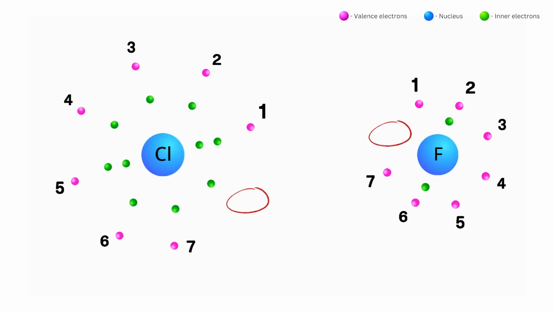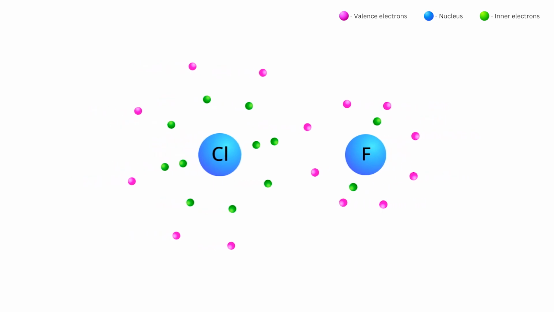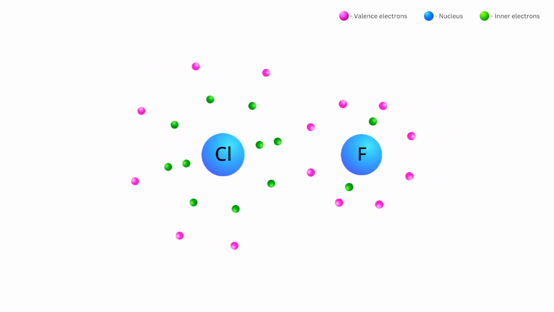And because they're so close to achieving their dreams, neither of them wants to give up an electron. So how do you think these two atoms cooperate to achieve octet? Instead of transferring electrons, chlorine and fluorine will share 2 electrons between them. This sharing of electrons effectively allows both atoms to achieve octet.